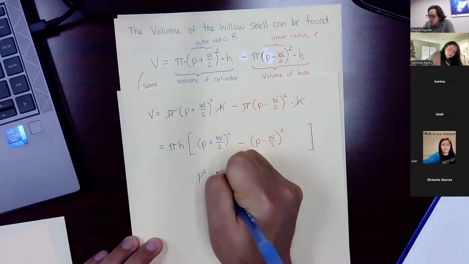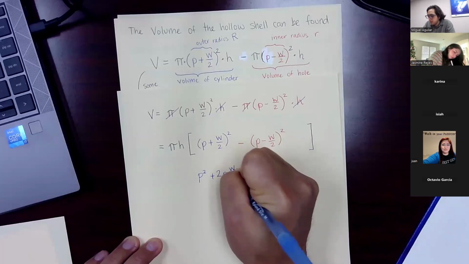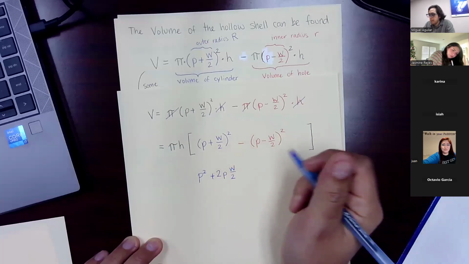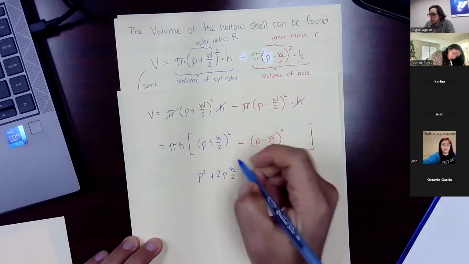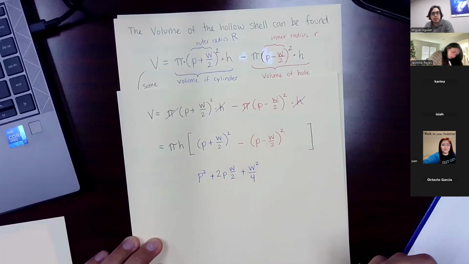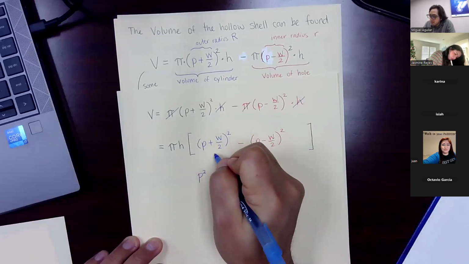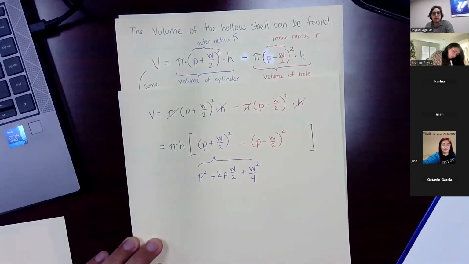Really, we're going to get two of these p times w over 2's. And then you would do w over 2 squared, which is w squared over 4. So that's what this guy would FOIL out into.